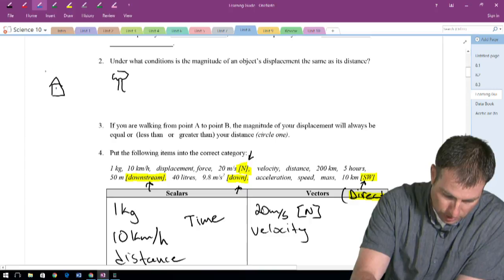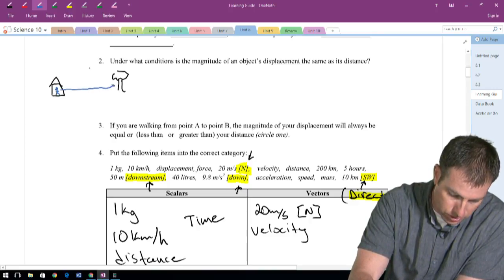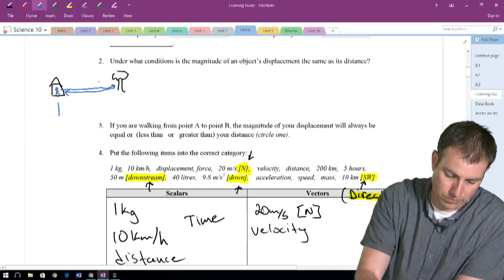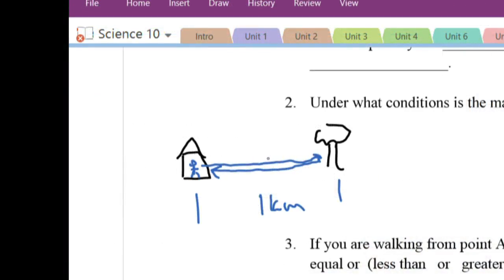Here I am, a little stick person. I walk to the tree, and then I walk from the tree back to the house, and maybe this is 1 kilometer. So the distance traveled would be 2 kilometers: 1 kilometer to the tree, 1 kilometer from the tree back to the house. But my displacement would be 0 because I started and ended in the same spot.